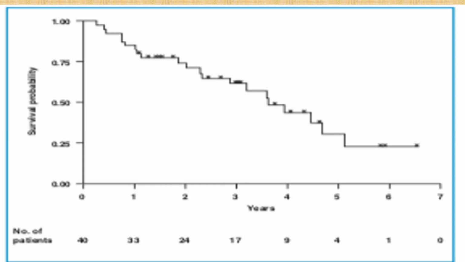And I assume the number of patients is also written as 40, 33, 24, 7, 9, 4, 1 and 0. That means the individual's record has been interpreted in terms of the total number of individuals; at the start of the study there were 40. The probability of living is 100%, you could say, but now they remain alive.